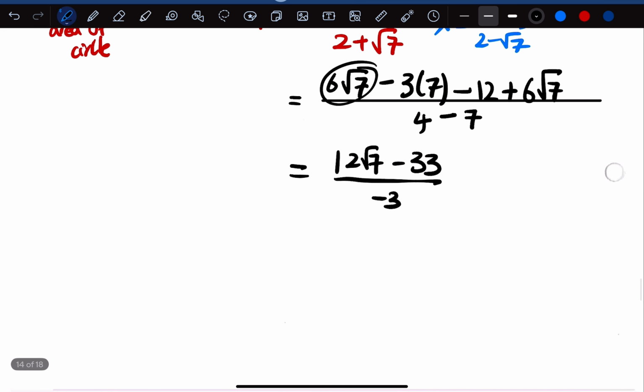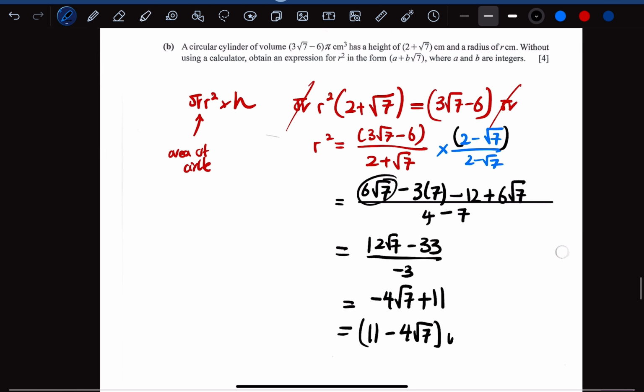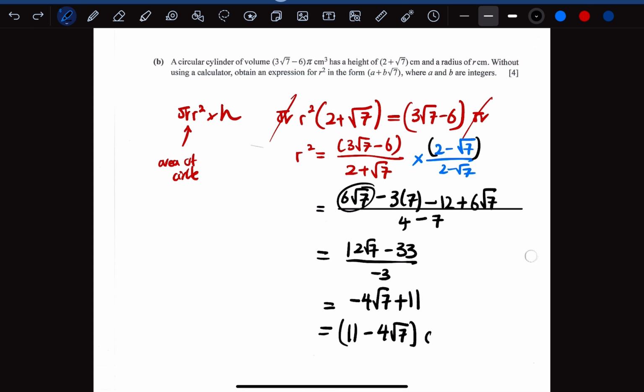Simplify this one step further, I basically get negative 4 root 7 minus 11. Plus 11, because negative negative. And in the end, I will just get 11 minus 4 root 7. The unit is cm, so I'm just going to write it as cm squared. Okay, so this is my r squared.